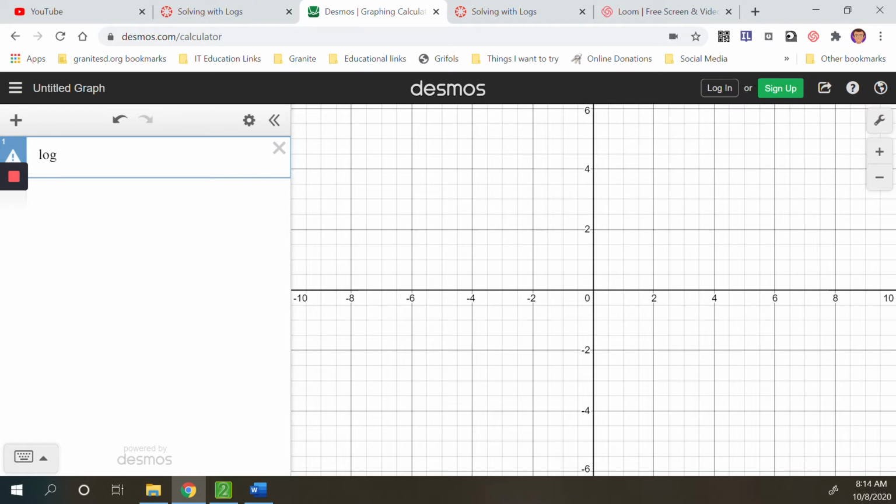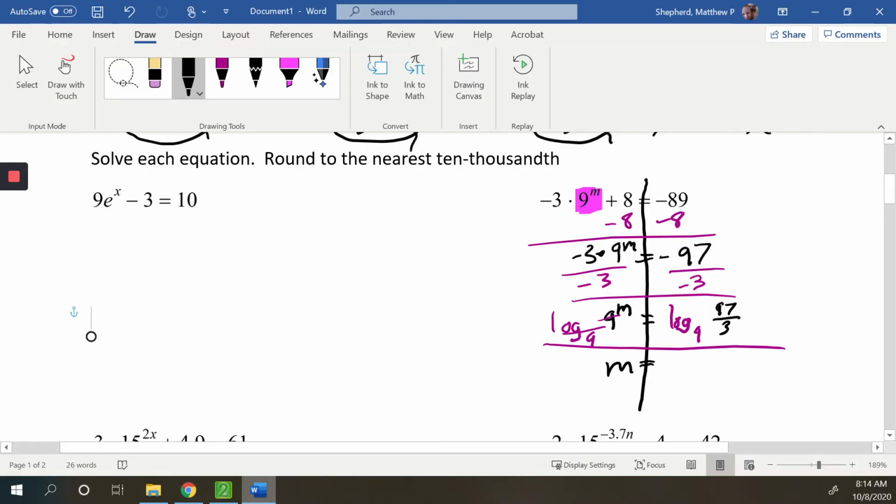Log base 9 of 97, let's use parentheses, 97 thirds. So 1.582.